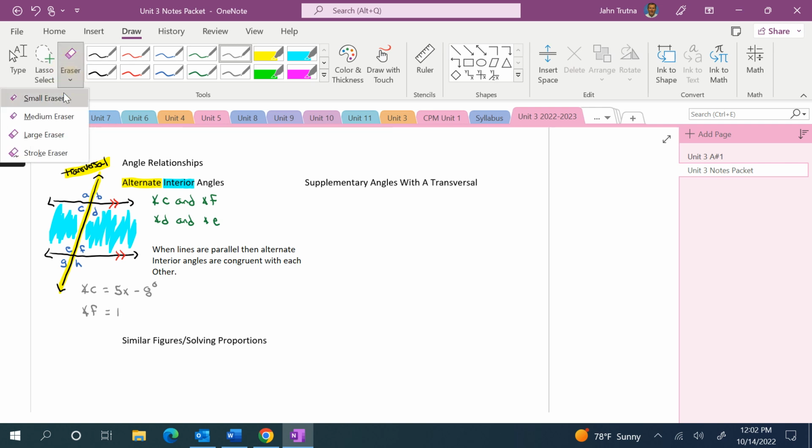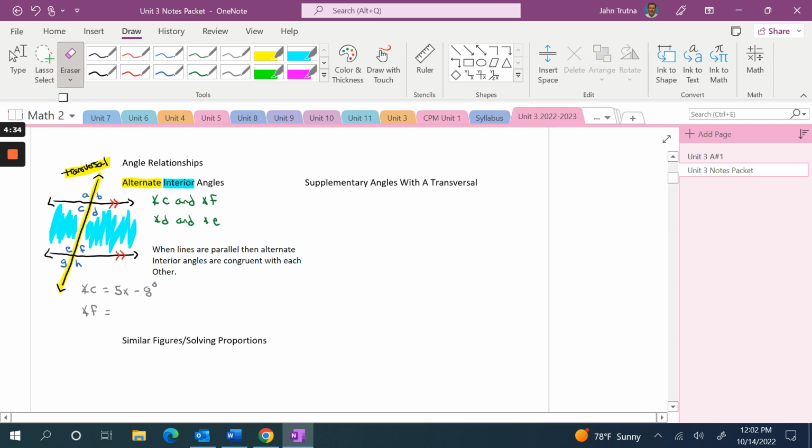Let's not make it 100 because angle F is an acute angle. So let's make it equal to 72 degrees. So let's say angle F is equal to 72 degrees. Okay, now watch what I can do. I could now set up an equation and solve for x here.